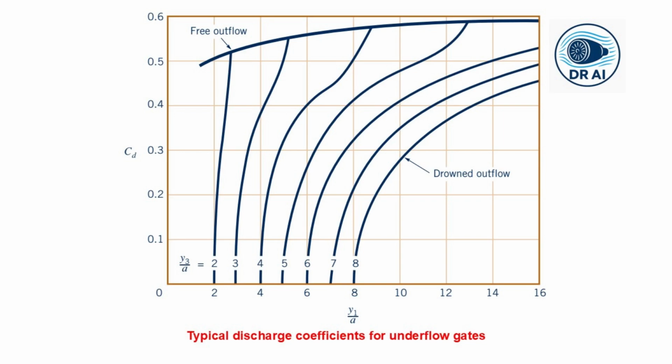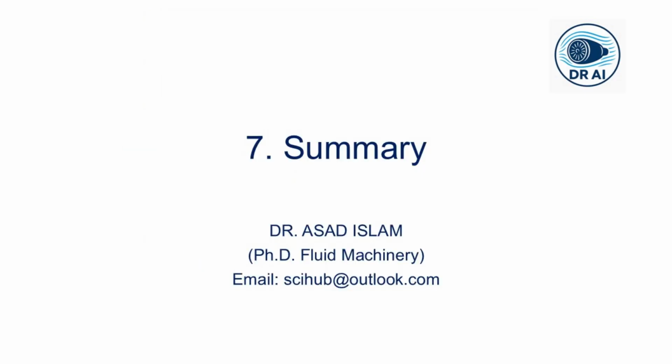So we have covered very much of this particular topic. We have seen that rapidly varied flow encompasses some of the most interesting and practically important phenomena in open channel hydraulics. The hydraulic jump is nature's energy dissipator, allowing supercritical flow to crash into subcritical flow in a controlled or uncontrolled way.